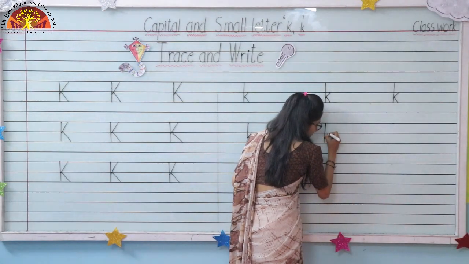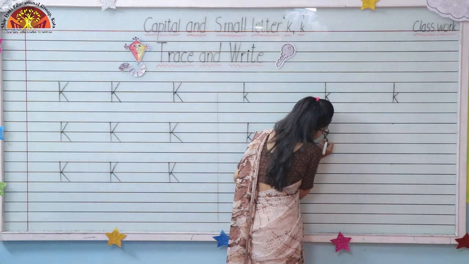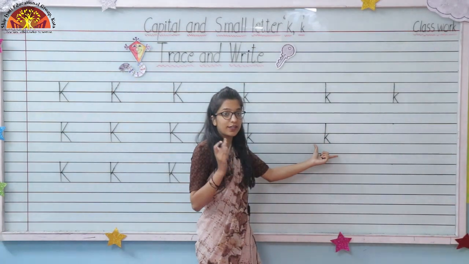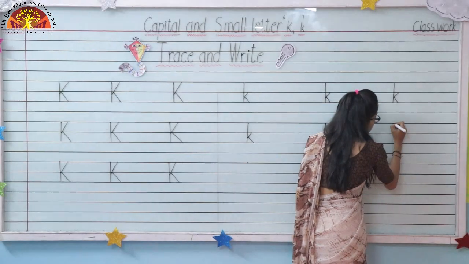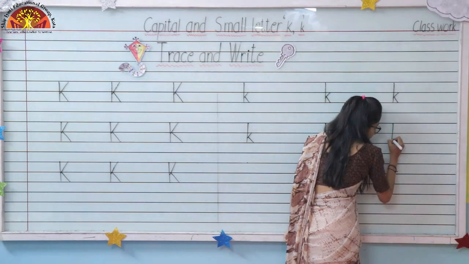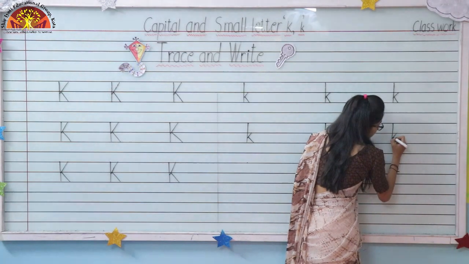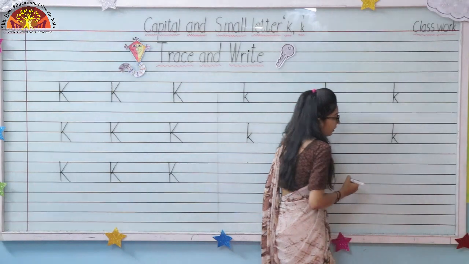Slanting line from here. One more slanting line. Like this. Small letter K. Again. Standing line. Slanting line. One more slanting line like this.